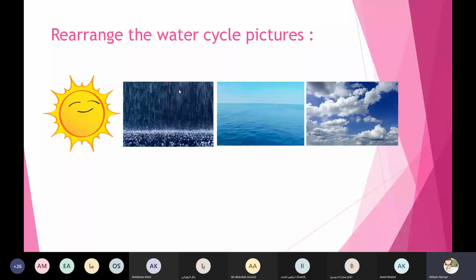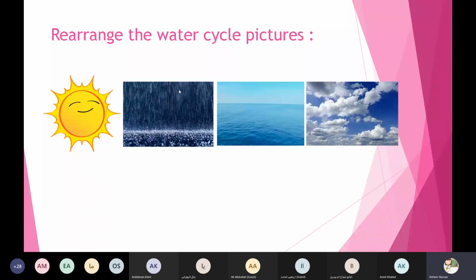As the water vapor cools in the sky, it turns back into drops of water or bits of ice. These are the clouds. When the water drops or the ice get bigger or colder, they can fall to the earth as rain, snow, sleet, or hail.